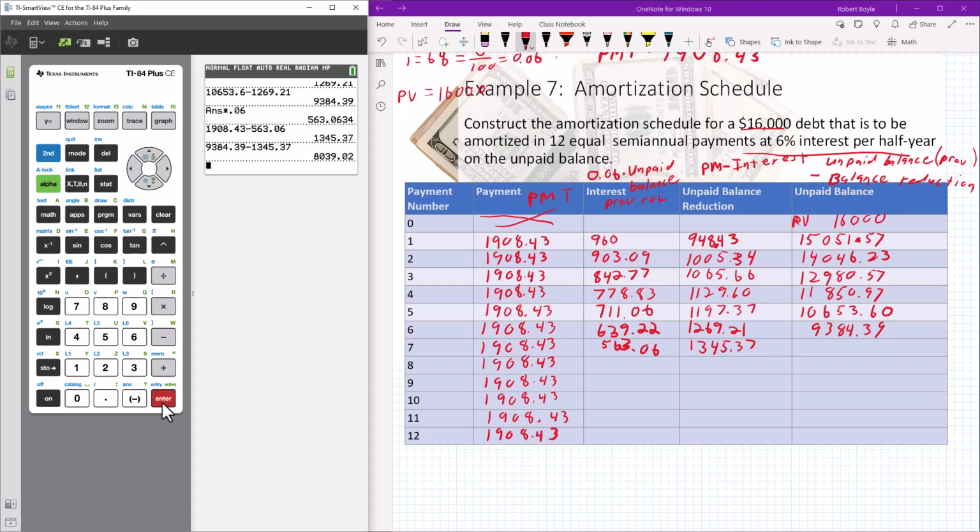And look, it's going down. It's getting pretty small now. We're now down to $8,039.02. Now notice we have made 7 payments, but we still only paid off less than half the principal.